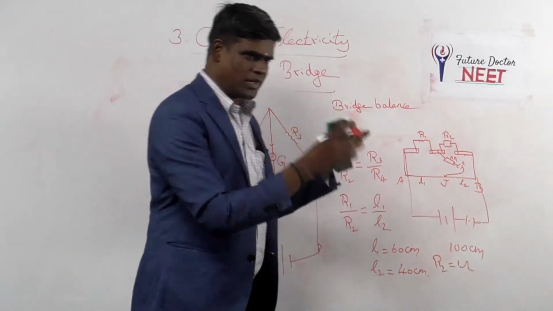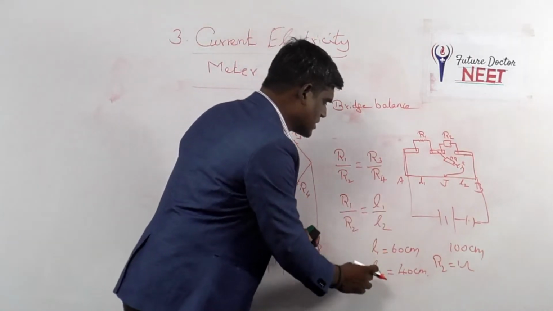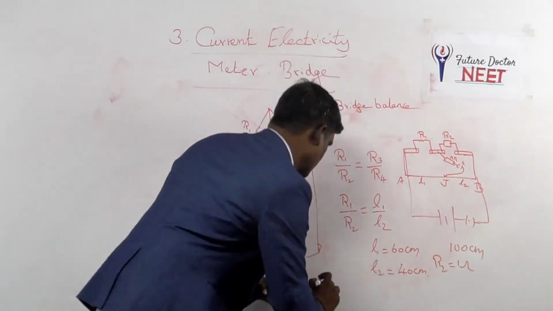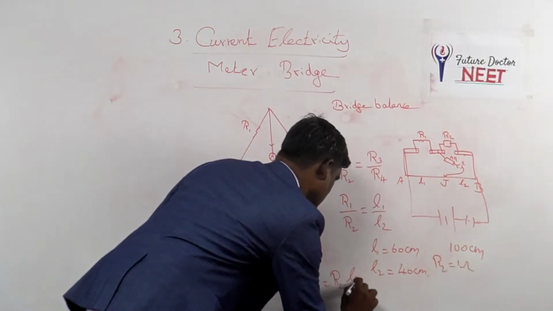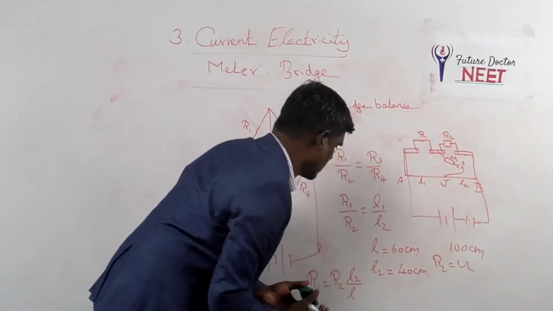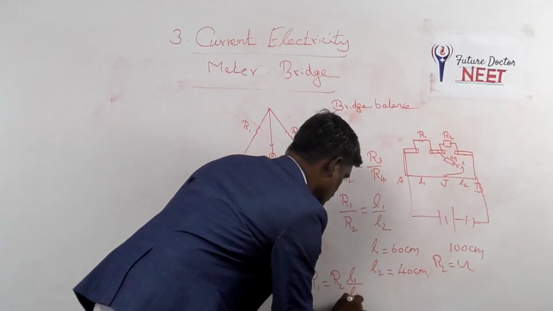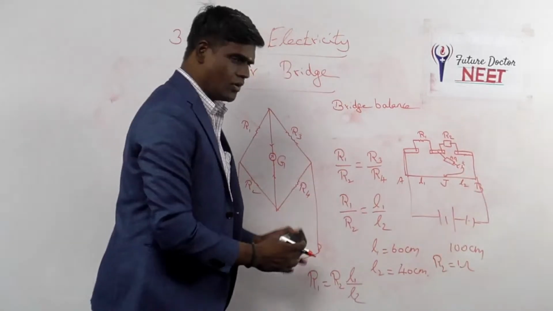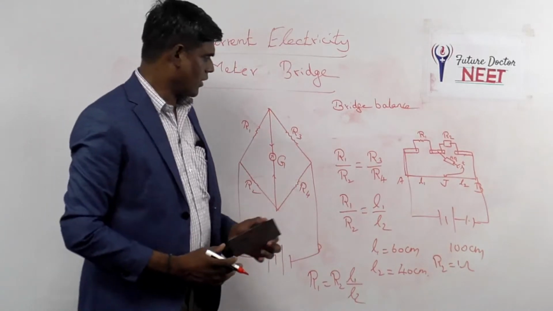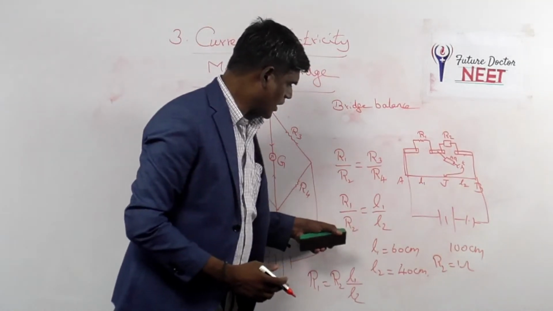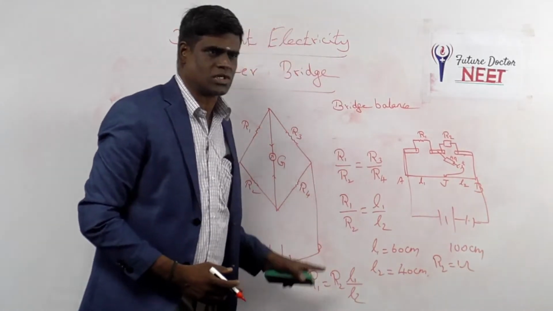Okay, and there will be a tabular column. R1, R2 like that, and then simplify this, then you will get the R1 value. R1 equals R2 into L1 by L2, as per this. So the last tabular column will become constant. For different resistance values, L1, L2 will change, but R1 will be a constant value.